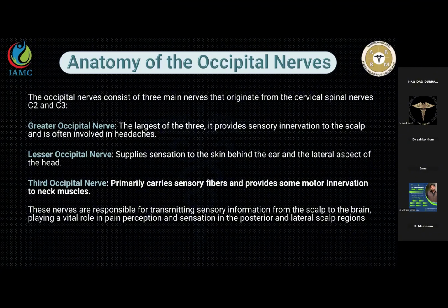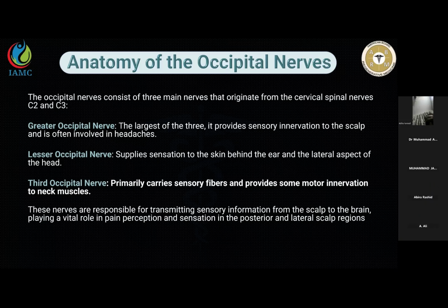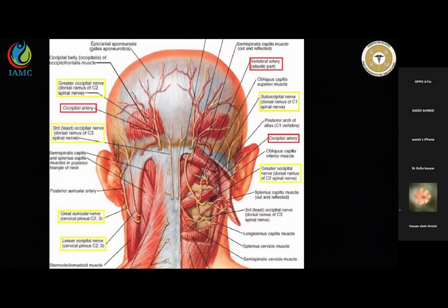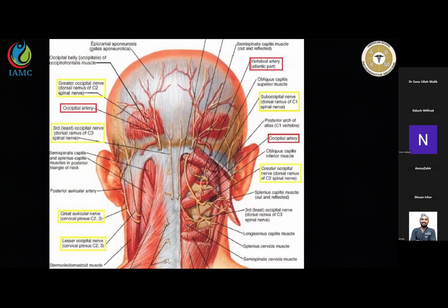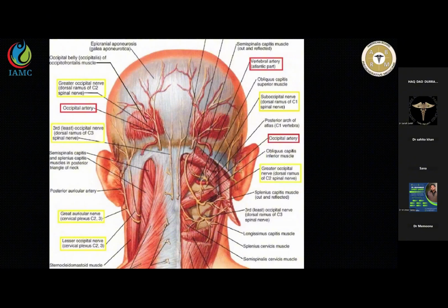The third occipital nerve lies a little bit deeper, and on the surface side we have the greater occipital nerve, which is just medial to the occipital artery. So you have to take care about the block. If you are blocking the greater occipital nerve, you should consider that there is an artery running lateral to it. So you should be careful about that.